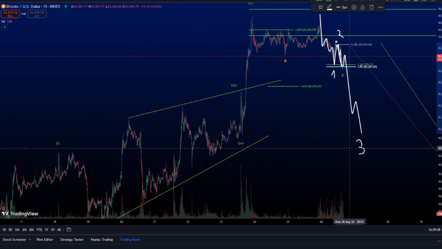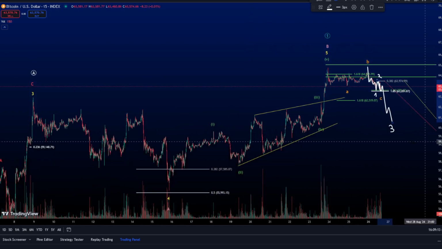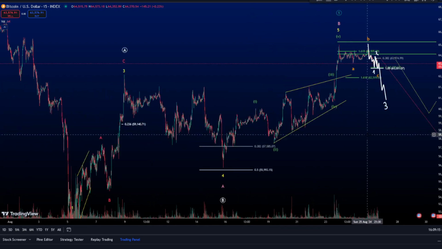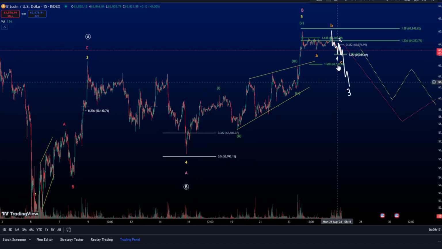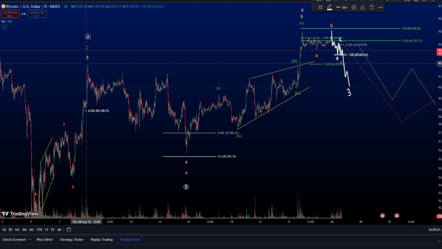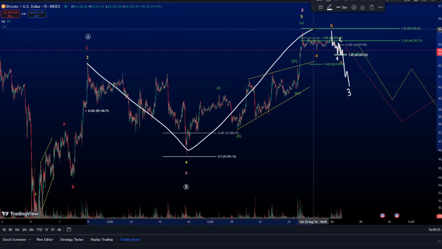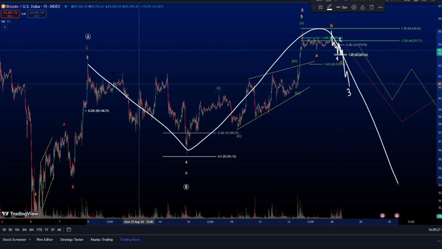Now, why I'm mentioning that this might be a big impulse towards the downside, if you remember, we mentioned this scenario several times before, right? A few days ago, and yesterday and today as well. We might have here an expanding diagonal, flat, sorry, as A, B, and C, right?